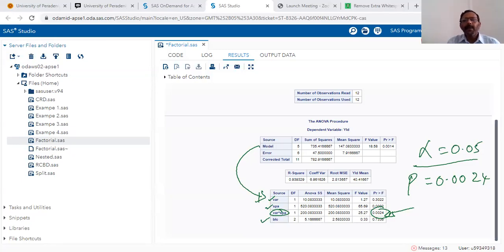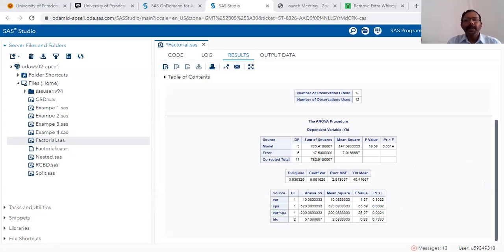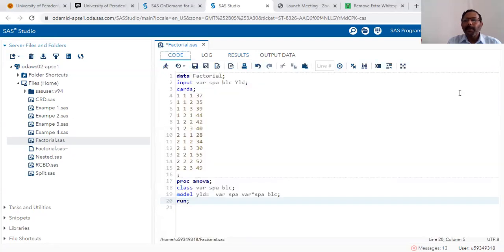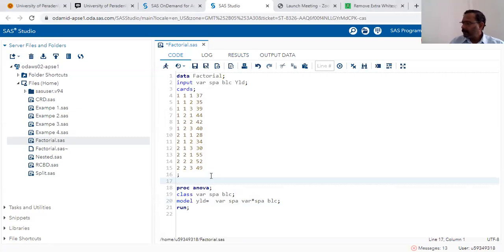Now we'll have to go for mean separation. Write down your own mean separation. Can somebody tell me which one is better? Explaining variety as constant, explaining about spacing.